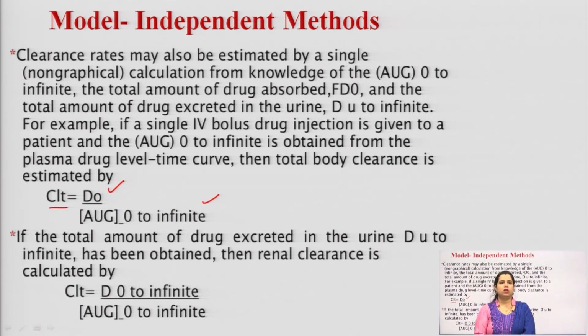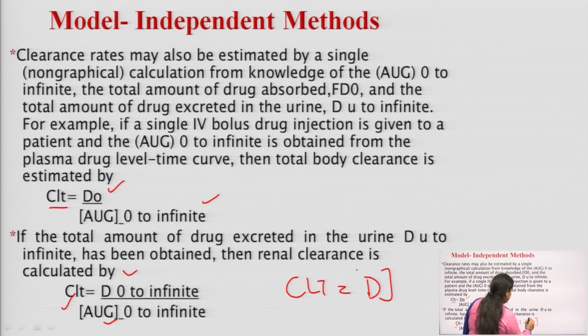has been obtained, then renal clearance is calculated using this equation: CLR equals DU 0 to infinite divided by AUC 0 to infinite. Or we can also represent this equation as CLT is equal to D naught divided by AUC 0 to infinite.